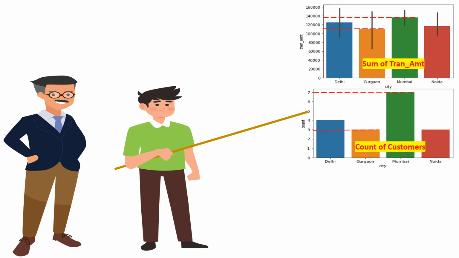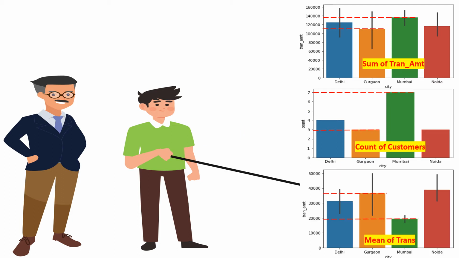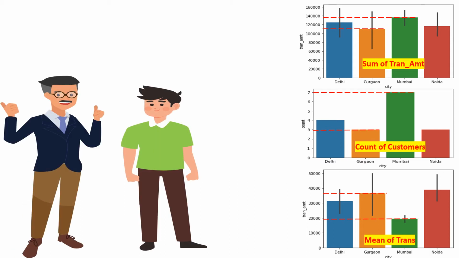So that's where I calculated the mean, and I found that it's not Gurgaon but Mumbai where we need to offer the rewards. Bang on, the boss is very happy with you and you are done with your job.